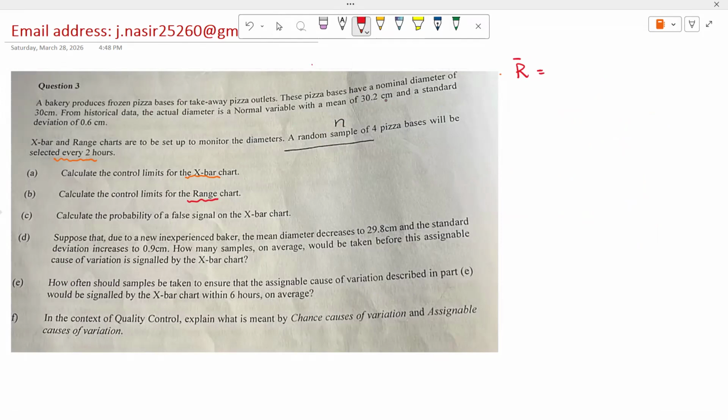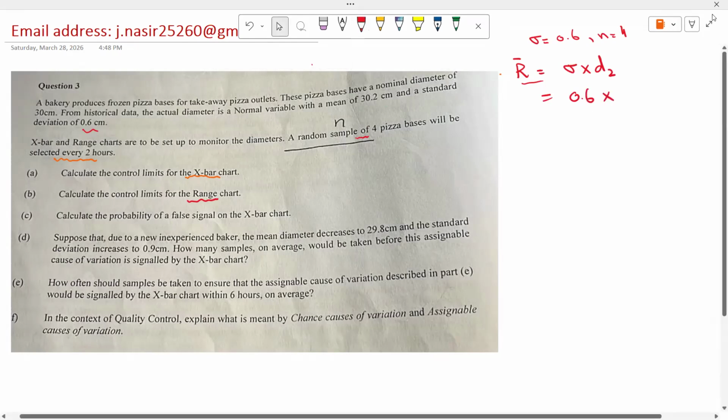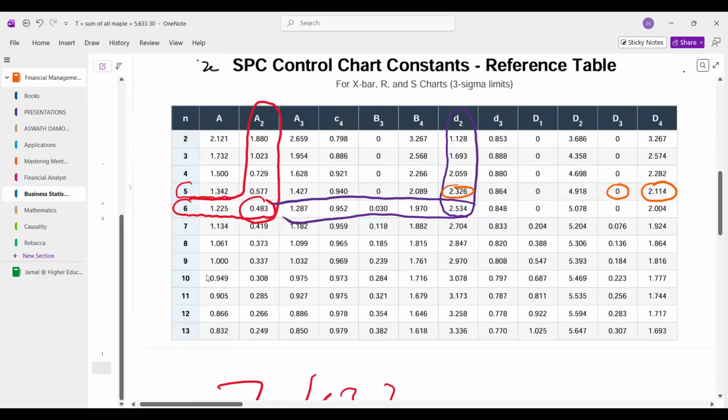So because I know the standard deviation and I know my sample size equals 4, using sigma equals 0.6 and n equals 4, I can use this formula, right? So my sigma is 0.6. My d2 would be what? If I go back to the table again, my sample size is 4, and I need my small d2.